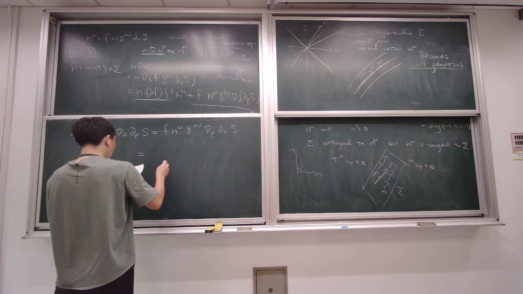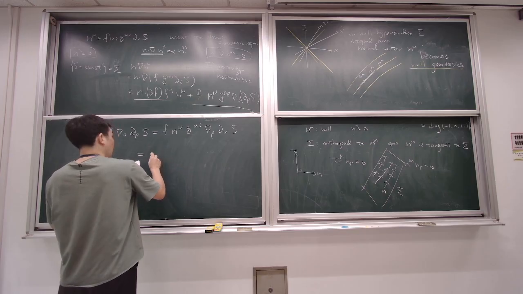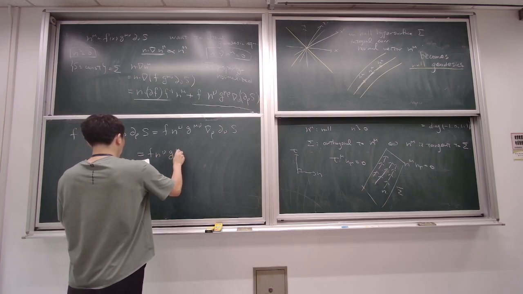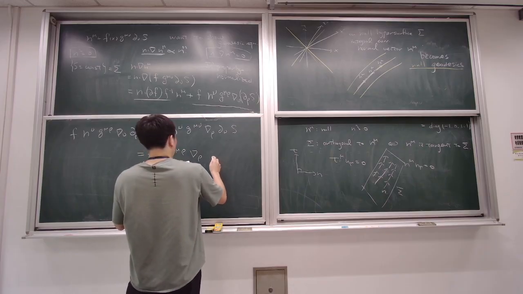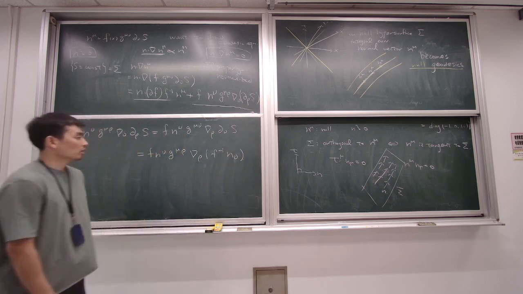And then we just manipulate: this is equal to f n nu g mu rho nabla rho, and this is equal to f inverse of the n mu and nu, sorry, and nu. Okay.